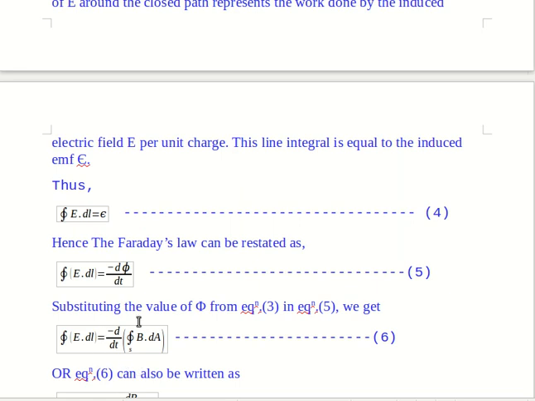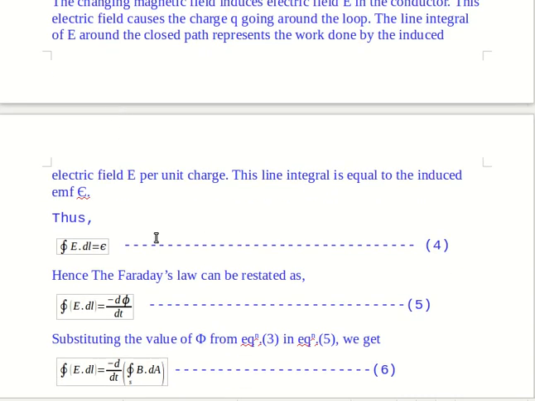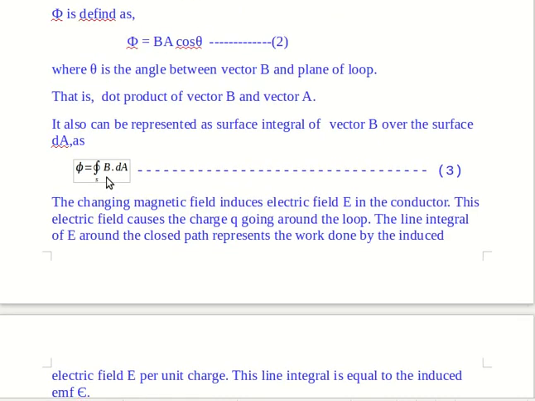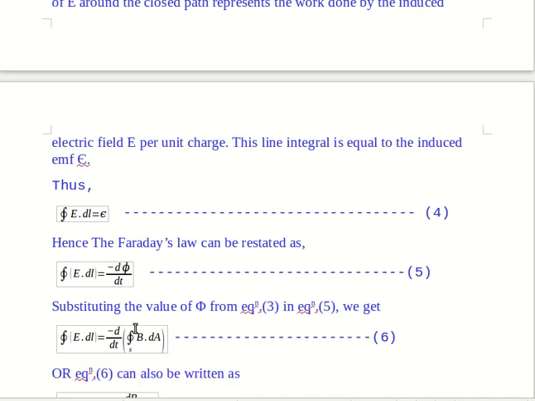Now what we will do here, we will substitute the value of phi from equation 3 in equation 5. That means in this equation we will get left hand side as it is, line integral E dot dl equal to minus d by dt. Now here phi is there, but instead of phi we will write from equation 3, you are observing here, surface integral B dot dA, and this is substituted as minus d by dt of surface integral B dot dA.